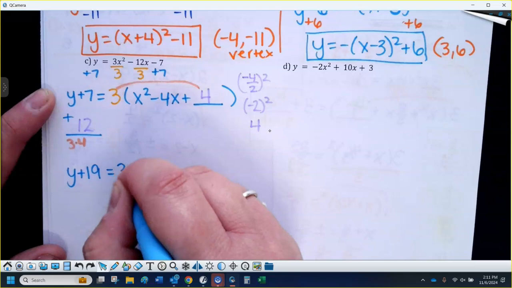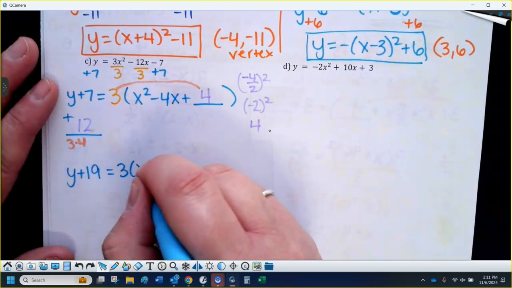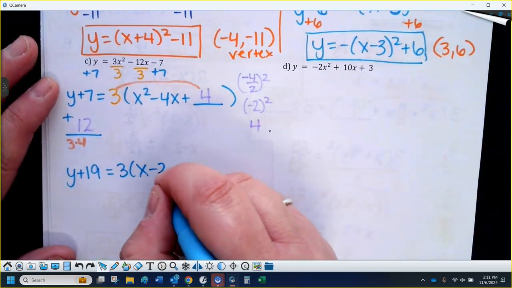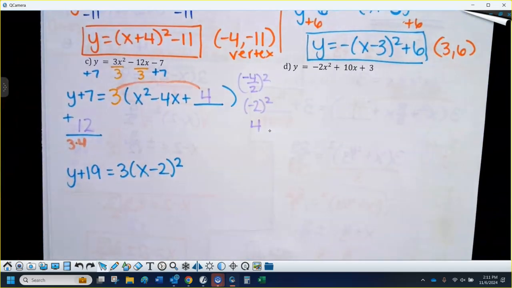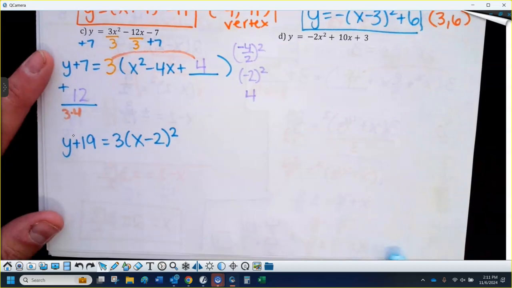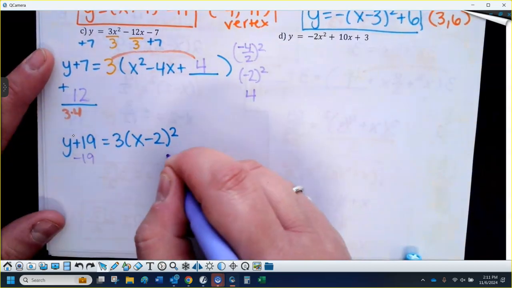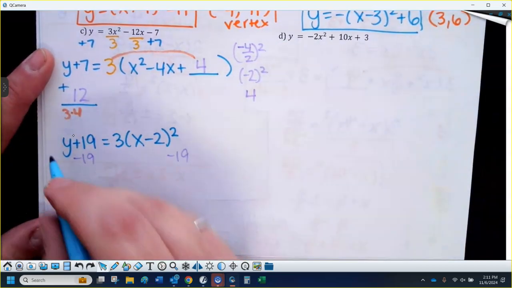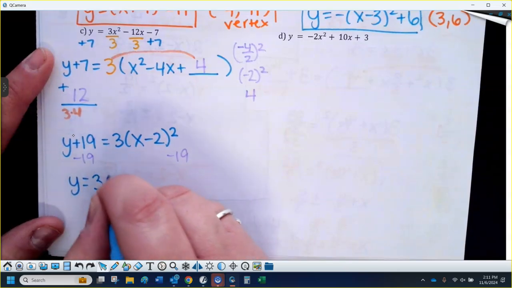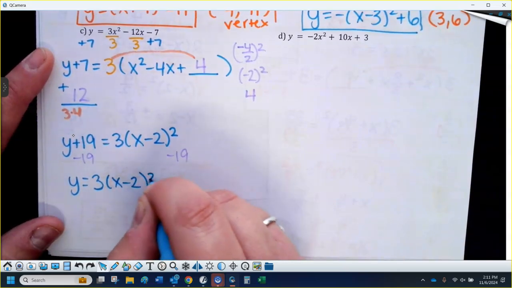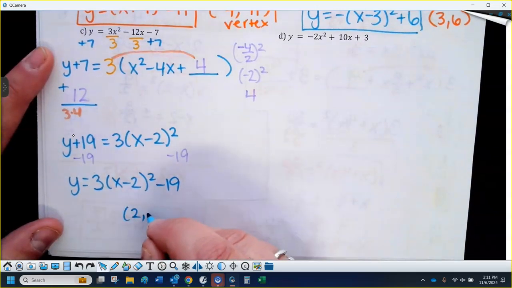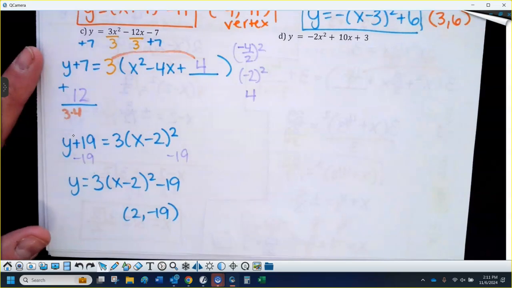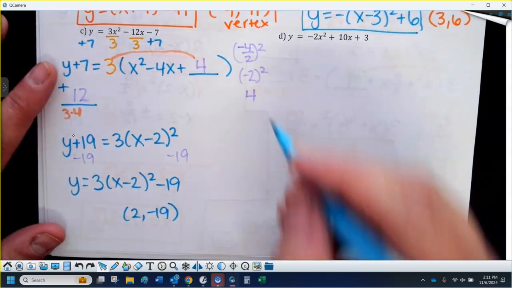On this side, 3 is just in front of the parentheses, and then whatever you squared should be your factor, so x minus 2 squared, and then I just have to move that y coordinate back to the other side. So to do that, I'm just going to subtract 19, and it just goes outside the parentheses. So this vertex form, you'd have 3 times x minus 2 squared minus 19. My lovely vertex, opposite copy, would be 2, -19 if they ask you for the vertex.